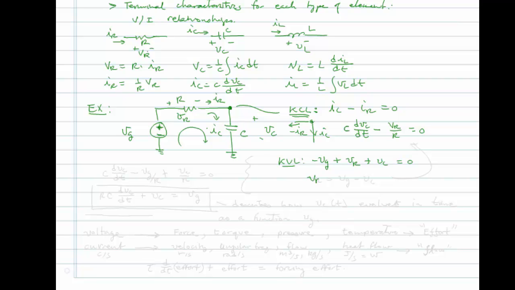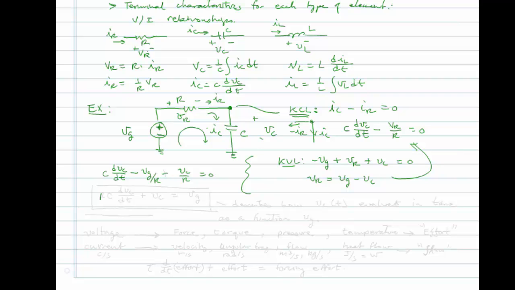I can write VR then in terms of VG and VC, and I can plug that in up here, which results in C dVC dt minus VG over R minus VC over R is equal to 0.